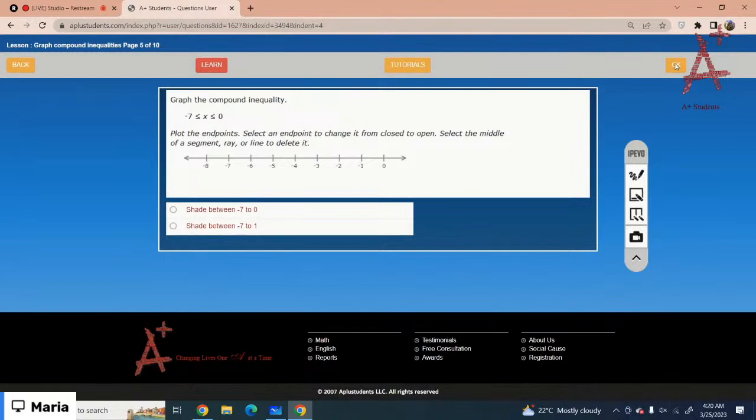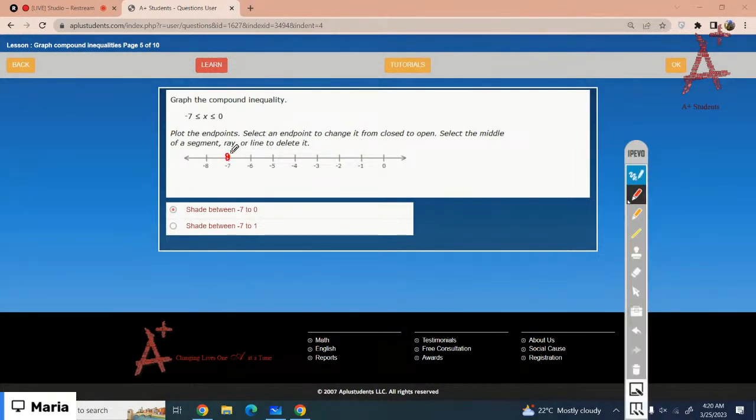Okay, the next one is negative 7 is less than or equal to x is less than or equal to 0. That means the x values are between negative 7 and 0. Got it? So it would be shade between negative 7 and 0. If you graph the inequality, it looks like this.